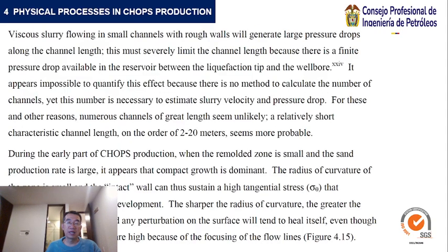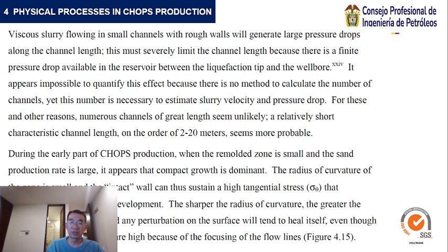During the early part of CHOPS production, when the remolded zone is small and the sand production rate is large, it appears that compact growth is dominant. The radius of curvature of the zone is small, and the intact wall can thus sustain a high tangential stress that inhibits piping channel development.